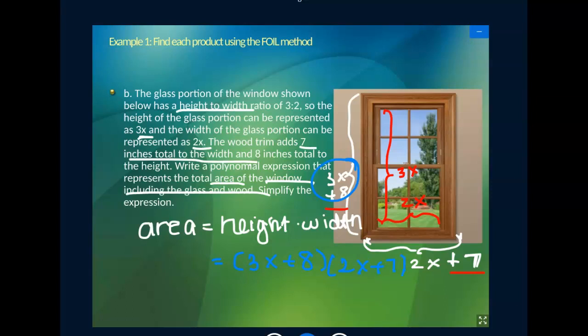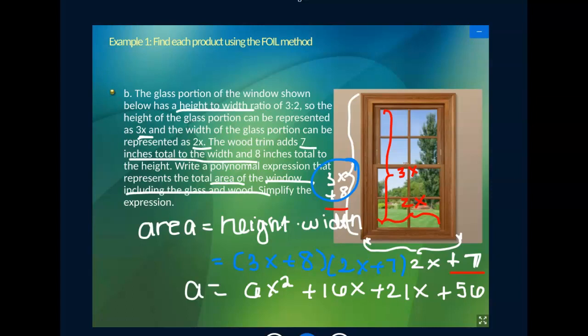So to simplify that and get the area, we have to use what method? Thank you, FOIL. You know the title of the lesson? So you get 6x squared plus 16x plus 21x plus, 8 times 7 is 56. I'm just making you guys do some mental math.